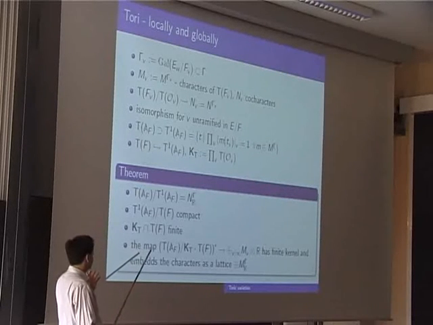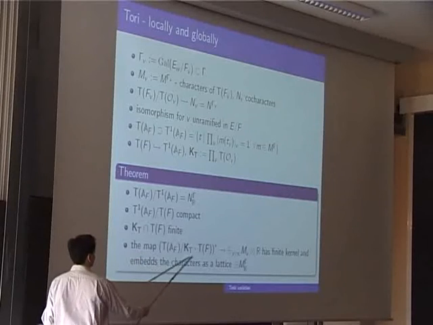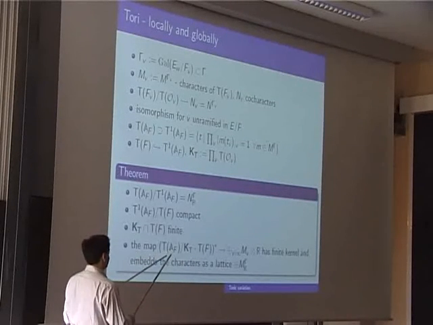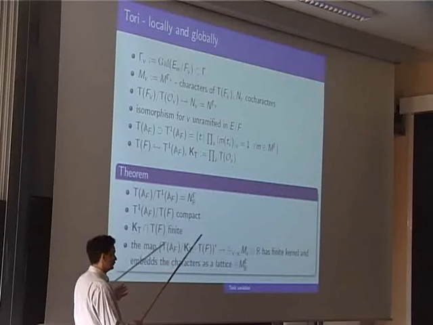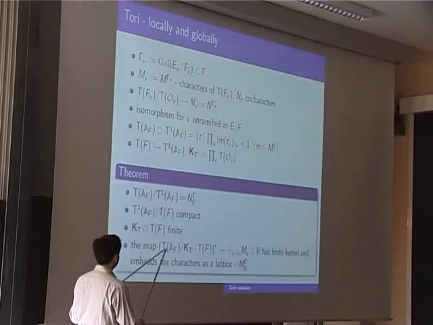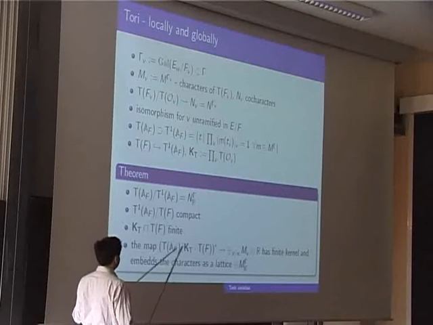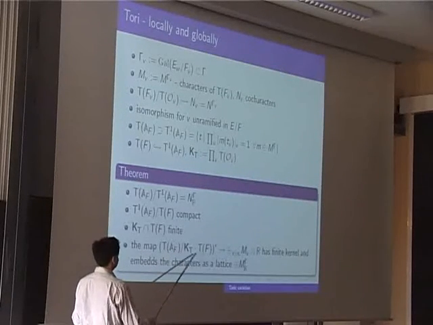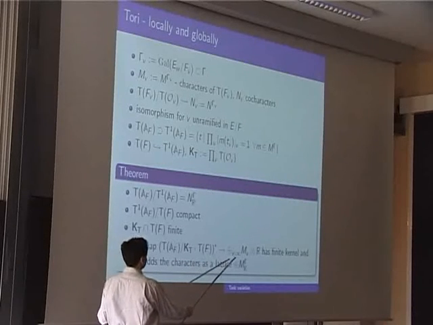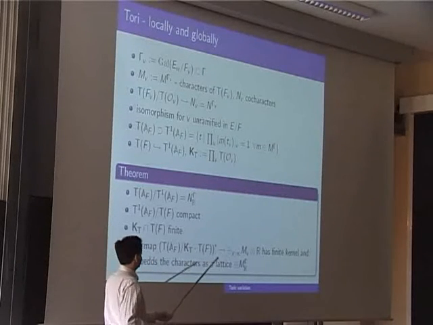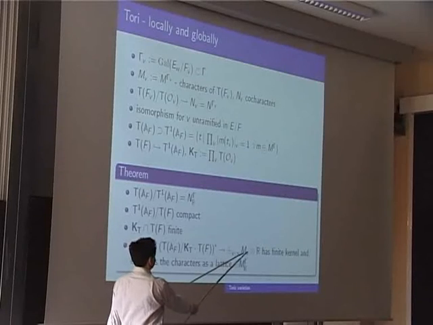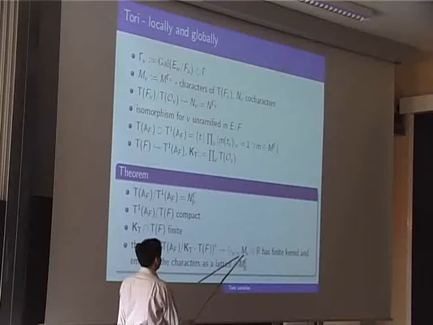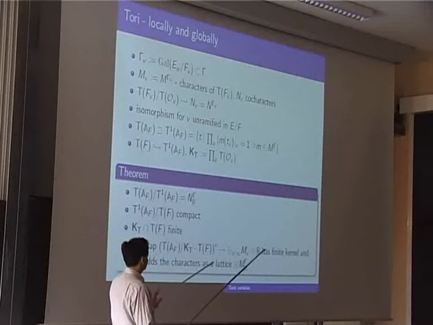Alright, so we will be using the characters of this group, as will become apparent now. And so we need to have a picture of what these characters look like. So you have a map from this quotient, the idelic points of T modulo T(F) and K_T, to the Archimedean component, and in the Archimedean component it will be M_Gamma_v tensor R. So it's a real vector space, okay?